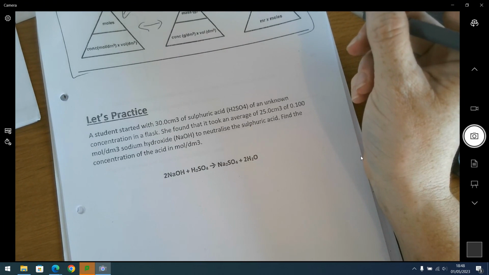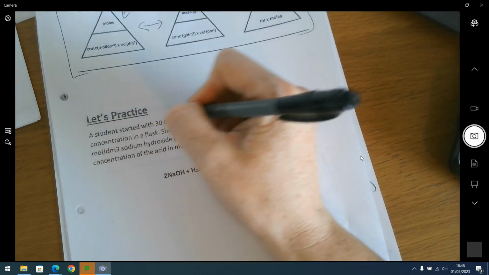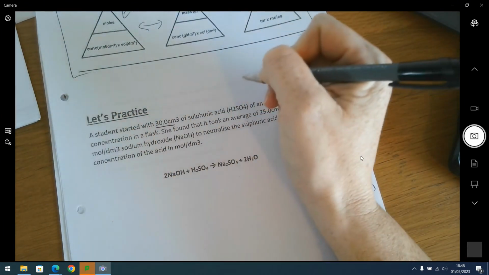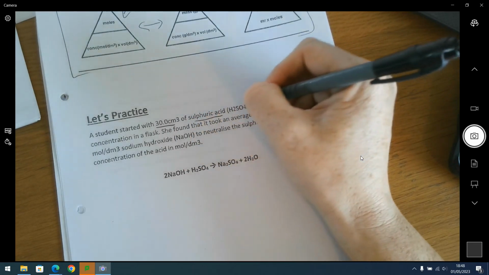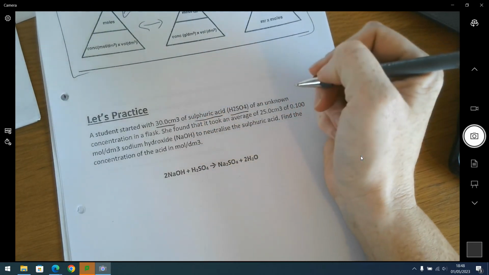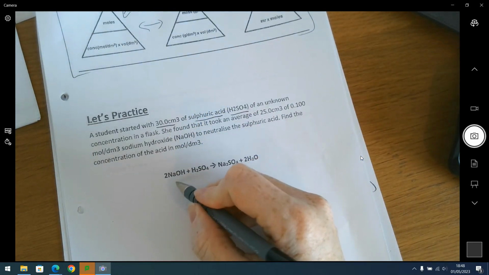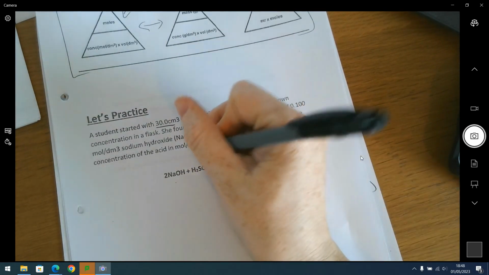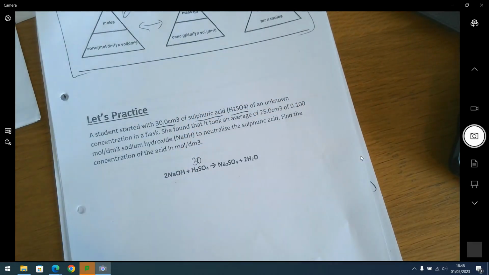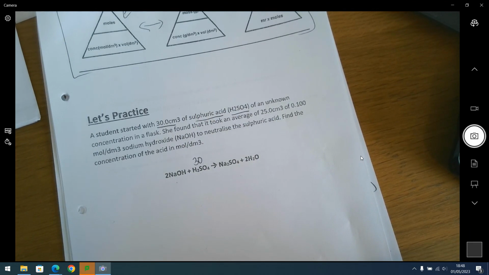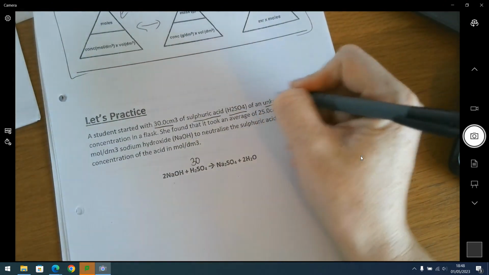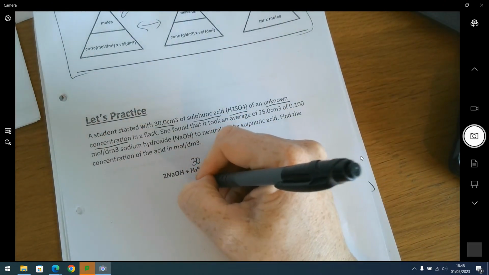So we'll get started. It says, a student started with 30 centimetres cubed of sulfuric acid, H2SO4. So I can see in my equation I've got H2SO4 and I've got 30 centimetres cubed. I like to write the numbers around the equation just to keep me right. So we don't know the concentration of that substance.